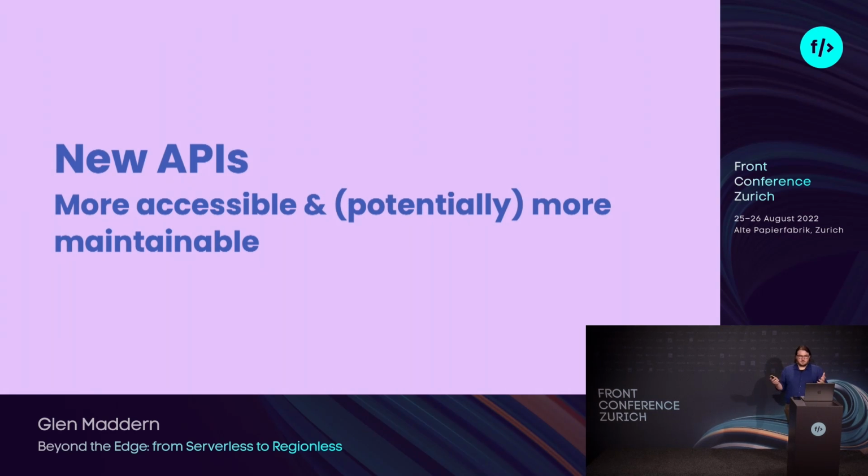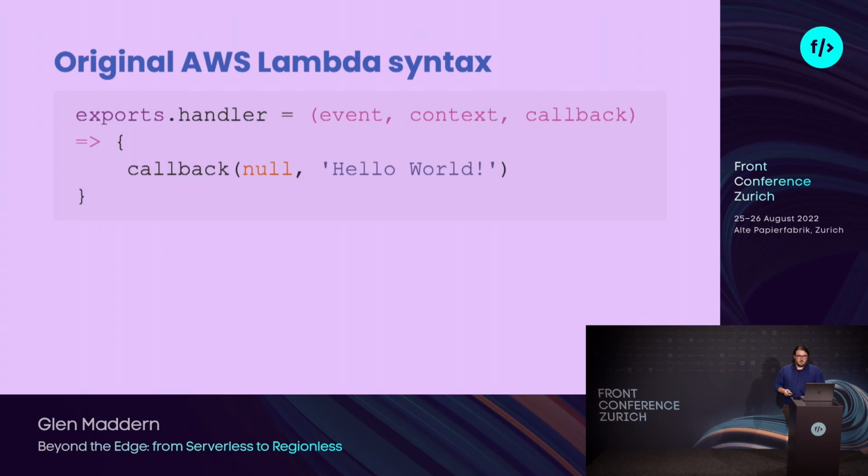But for the audience in the room, and for me, the thing I'm more interested about serverless is that you have to know less about the infrastructure to contribute, right? So more people can contribute to what was traditionally an infrastructure problem. This is the original Lambda syntax, which looks a little dated now because it's callbacks and it's Node and it's CommonJS.